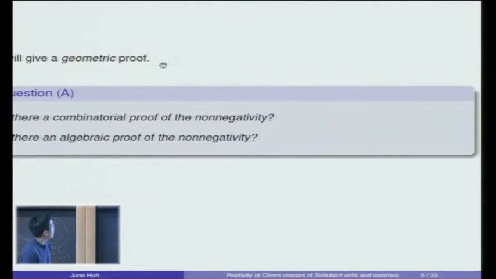So I'll give a geometric proof, and you'll see what I mean later. So the obvious questions that remain are whether there are combinatorial arguments which demonstrably show that these numbers are non-negative, or even, you could hope for a statement that the numbers that you have seen in the previous slide, which are very canonical and natural, are dimensions of some vector spaces.